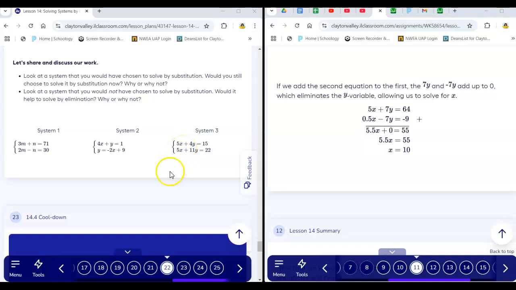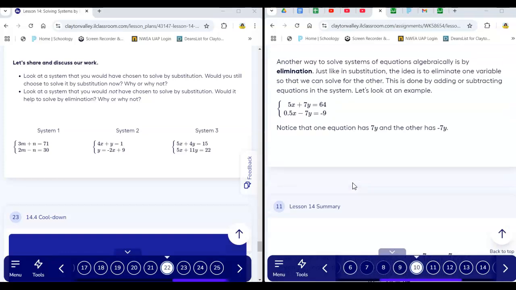Likewise, this one, I could drop this in front of, instead of y. Or would it be possible for me to solve this system by elimination? And if I could, which would I rather do? You get to think about that. I know what I would say, but I want to hear what you would say.